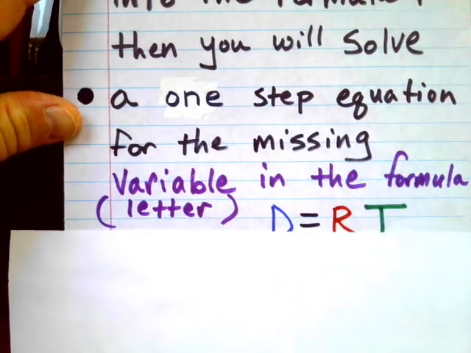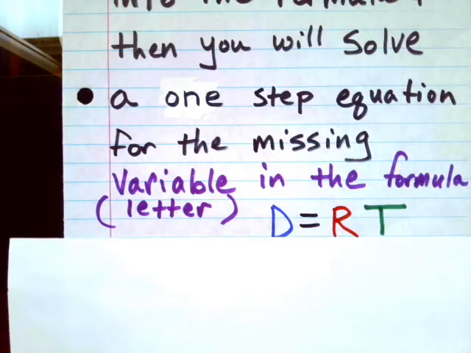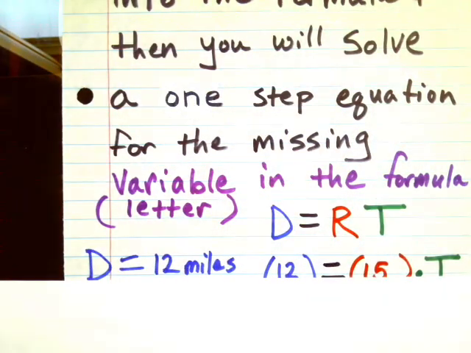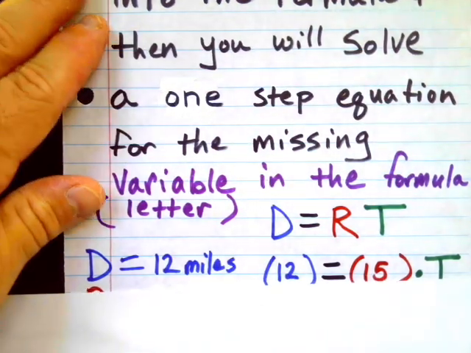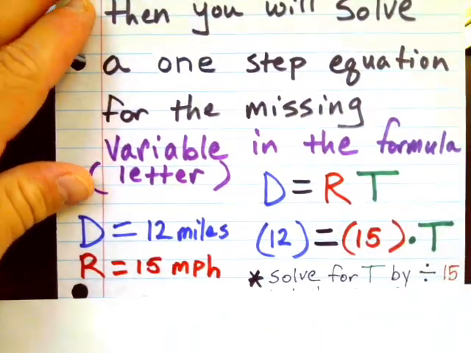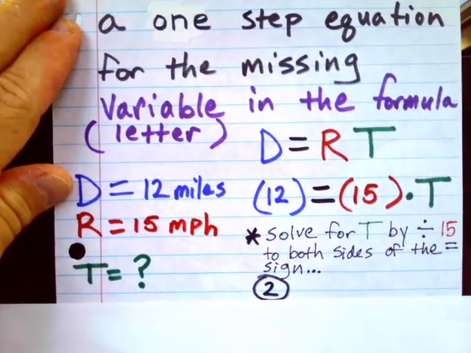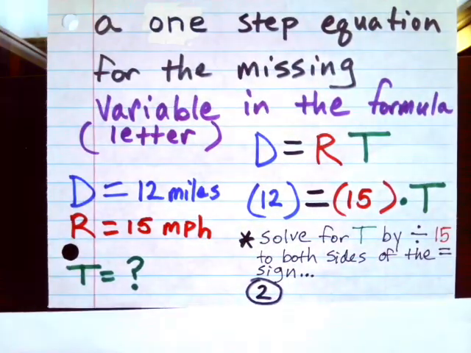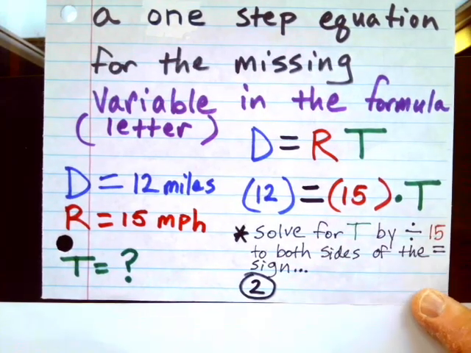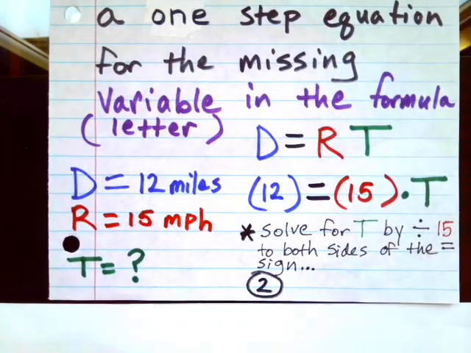The variable is a letter. Distance equals rate times time. As an example, I'm just making these numbers up to show you how to substitute into that formula. We'll organize the word problem in the part 2 video.